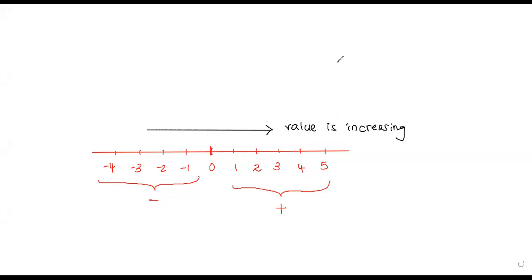I'll take a simple example. If I have 4 and 5, which one will be bigger, children? The 5 will be bigger because it is to the right side on the number line.